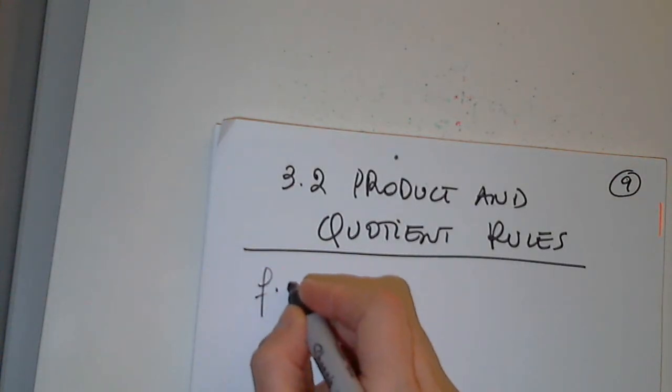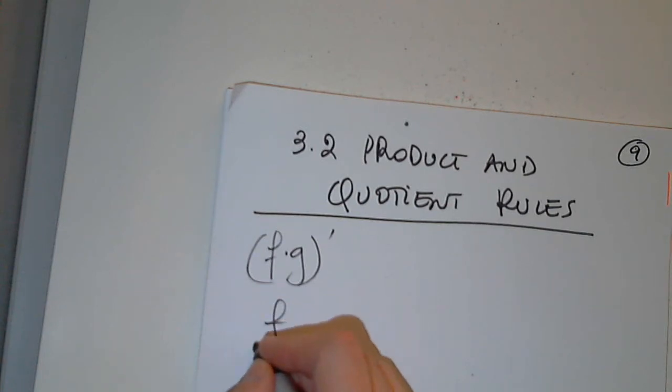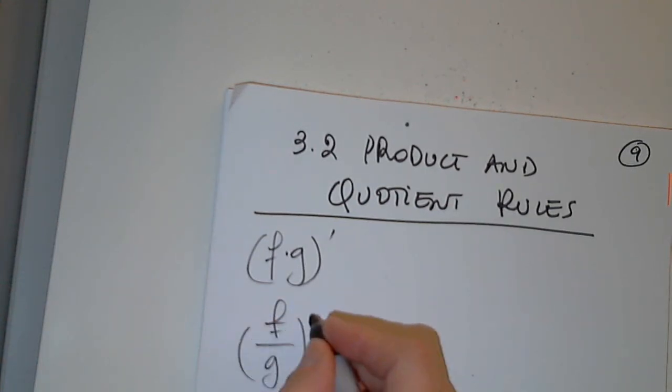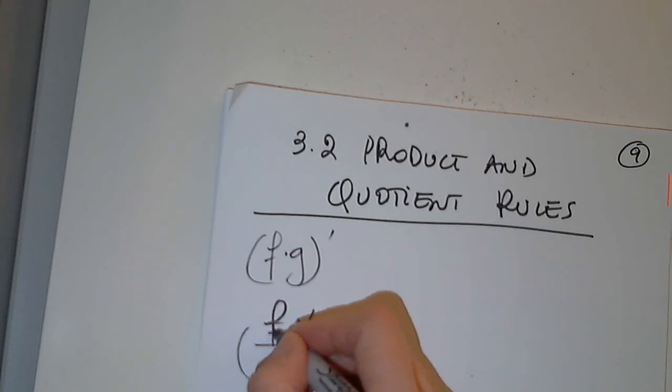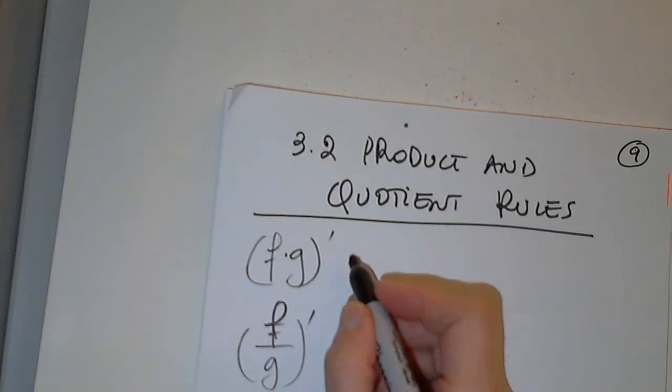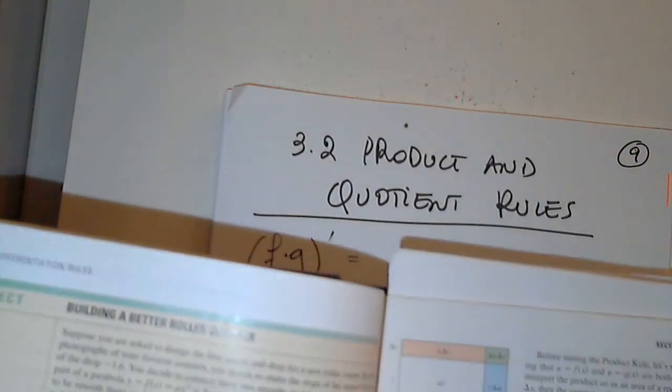So when we are differentiating a product of two functions, or we are differentiating a quotient, or a ratio of two functions, this is not what you would expect. And in case you're wondering how to prove these rules, there is an easy method. I just don't want to go through it.